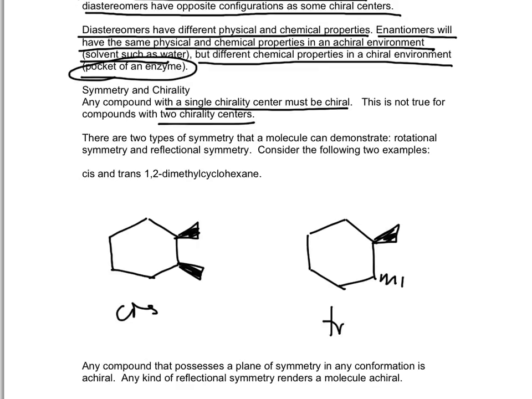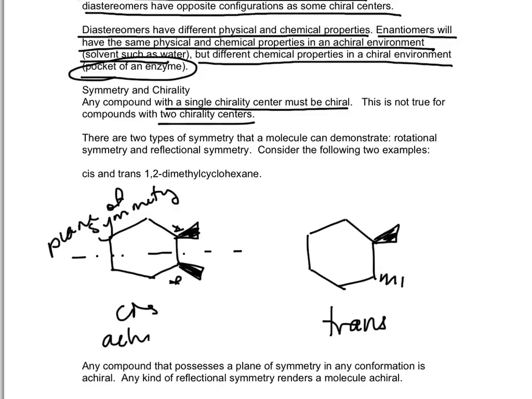The second, trans. We have 2 chiral centers here. However, what you can do is fold the molecule in half and you have a plane of symmetry. So this molecule is achiral. We do have chiral centers, but the molecule itself is achiral.